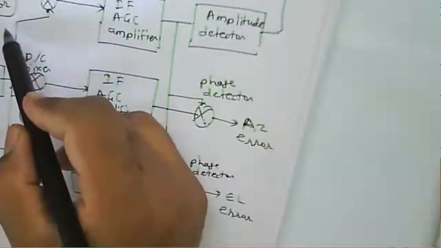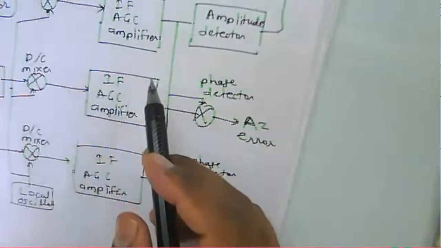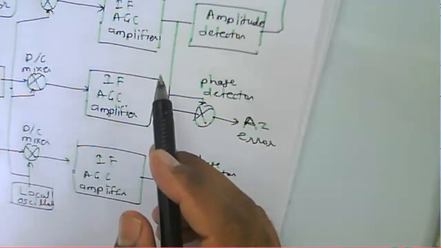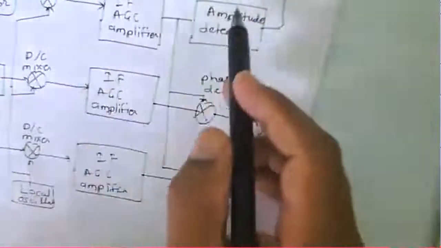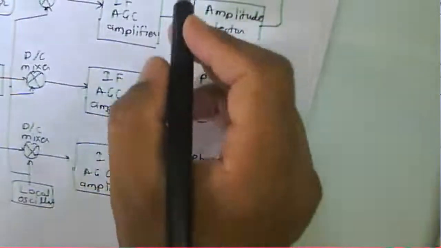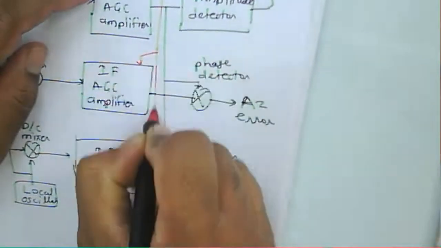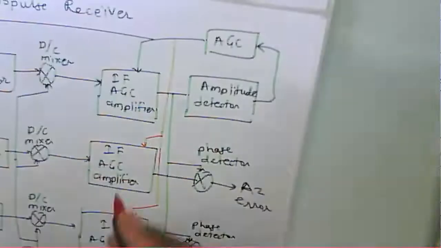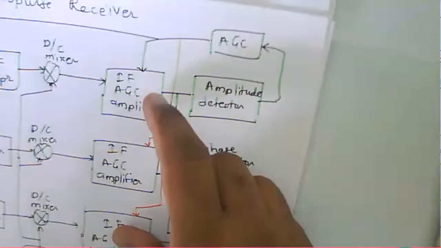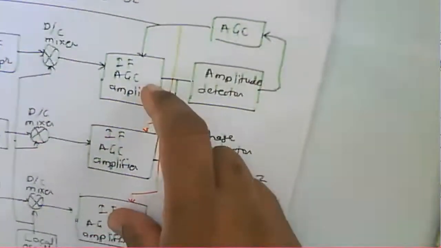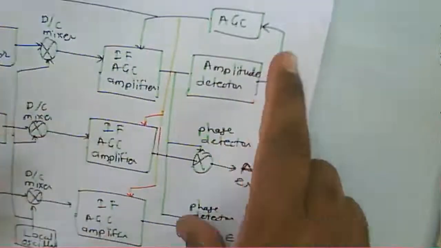The sum signal output will be detected and that will be used to control the gain of all the three IF amplifiers. Okay, so gain will be controlled by this. And this automatic gain control, AGC, will remove the effects of the propagation medium and the variation in the particular signal level.